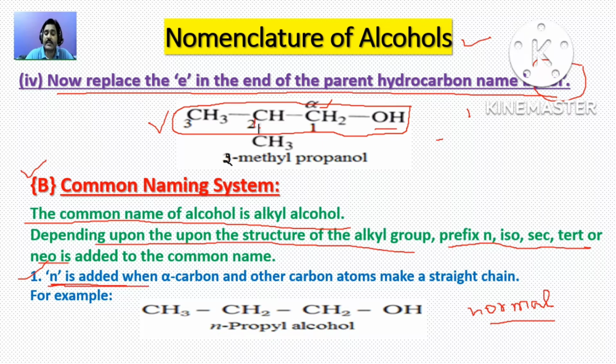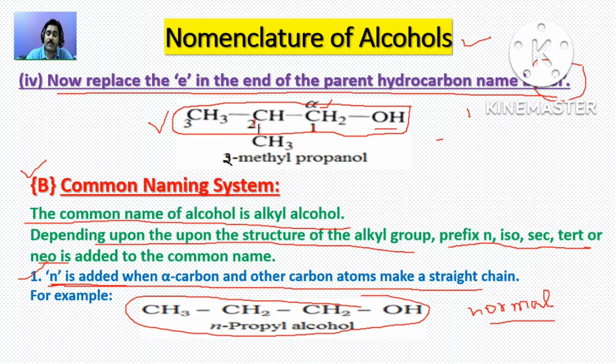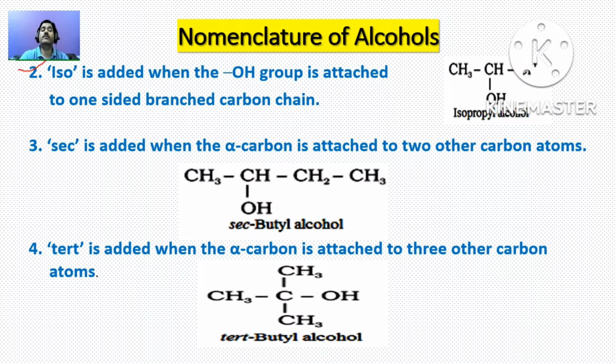N is added when the alpha carbon and other carbon atoms make a straight chain. Here the alpha carbon atom makes it, so it is called n. N means normal. There is a straight chain and no branching. Let's see the other. Iso will be added as a prefix when the OH group is attached to a one-sided branched carbon chain.